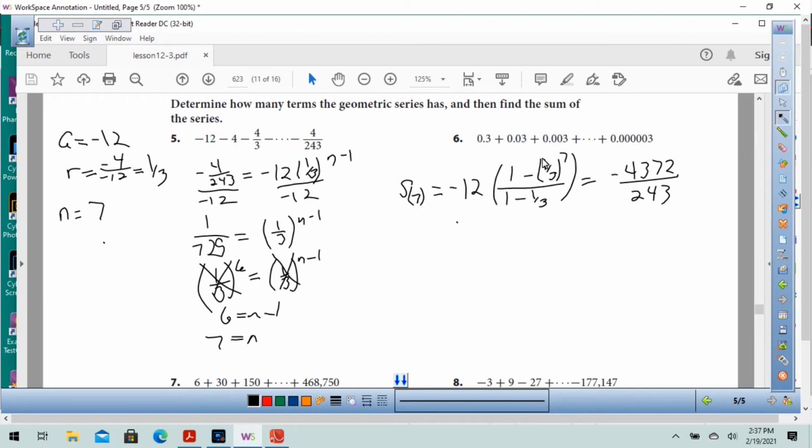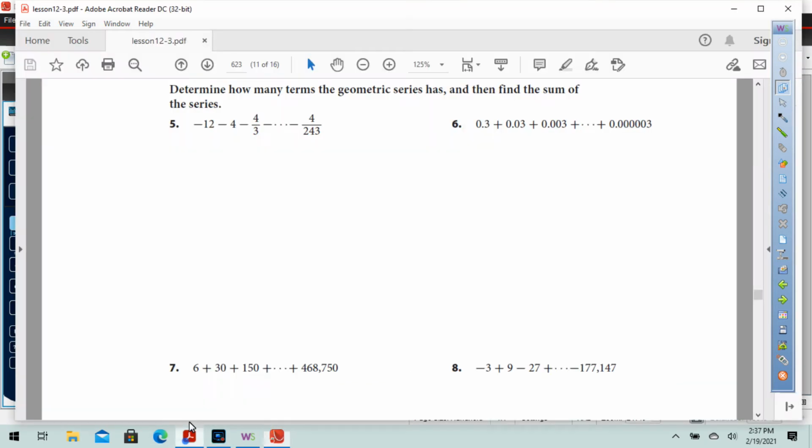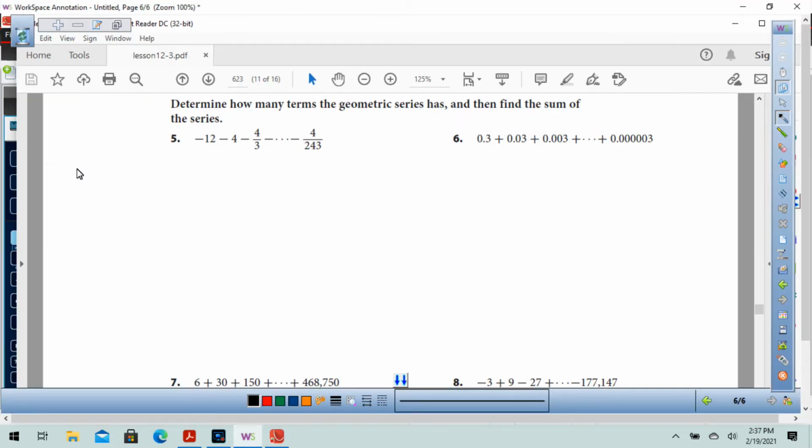Okay, so what do we got here? Number 6. Let's try number 6. So what do we need to figure out? A is 0.3. R is 0.03 divided by 0.3, which is 0.1. Okay. And then we need to find n.